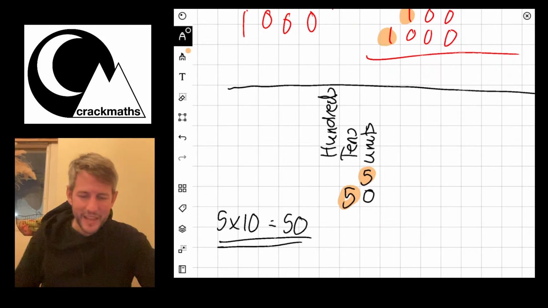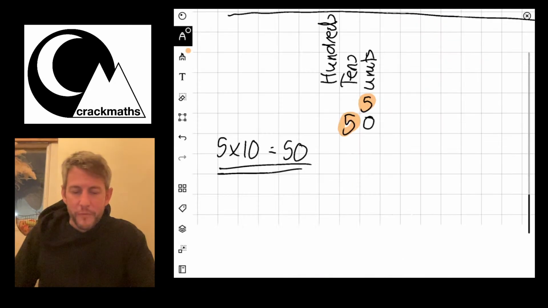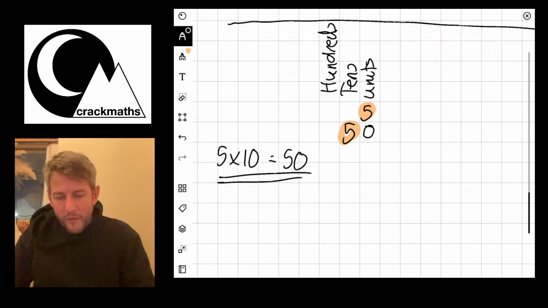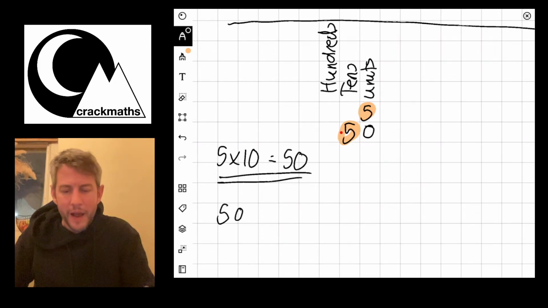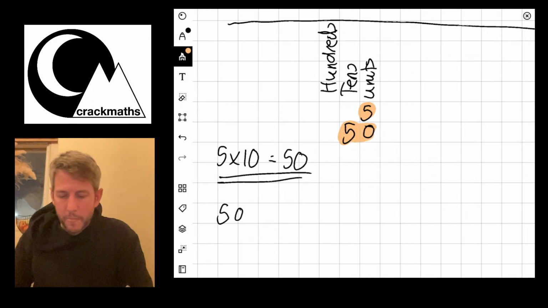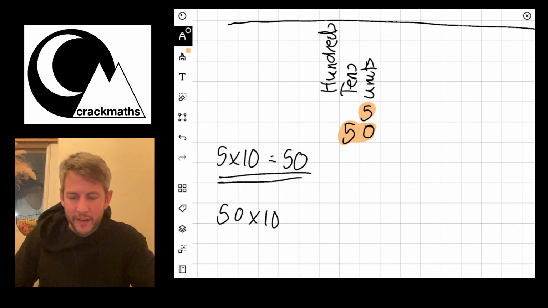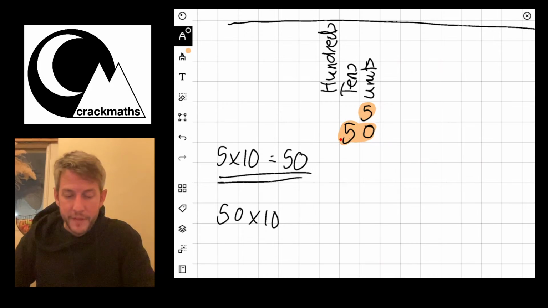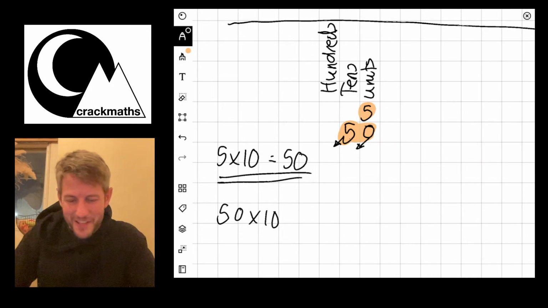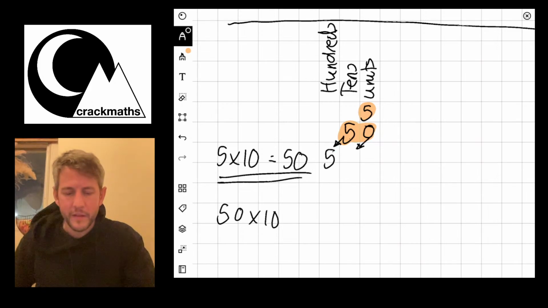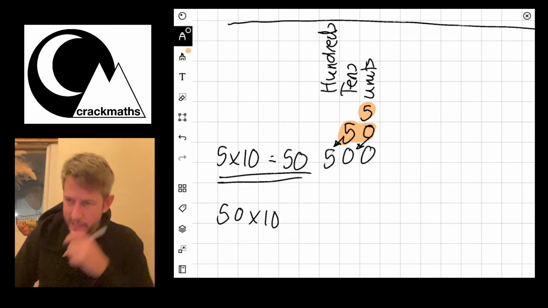So what we've got here is we can see that the 5 has gone from here to here. So we've moved one place that way. So what about if we had 50 times 10? Because we've now got, we can see that this number's 50. So 50 times 10 will mean that basically both of these numbers now are going to move over here. 50 times 10, so the 5 goes to here, the 0 goes to here, and the 0 goes to here like that.